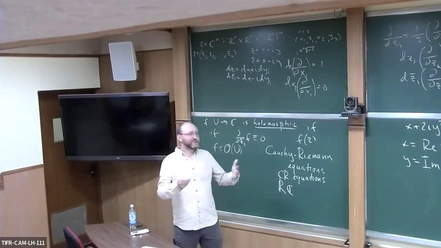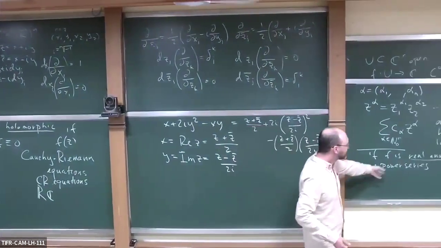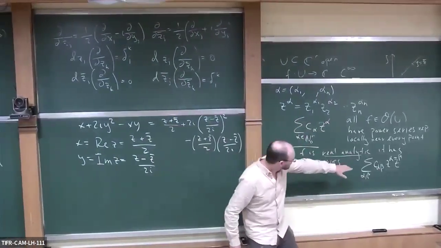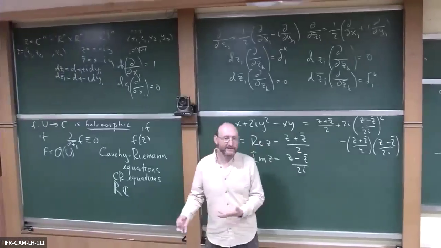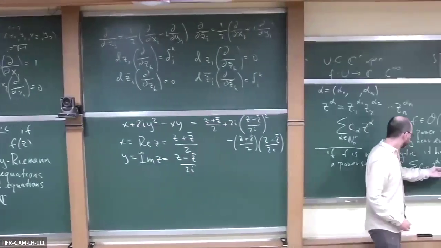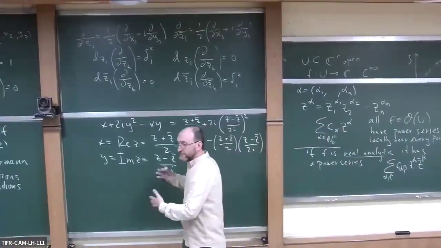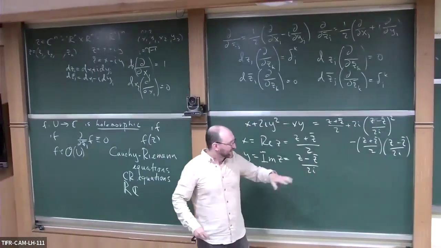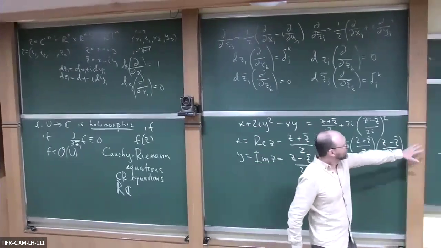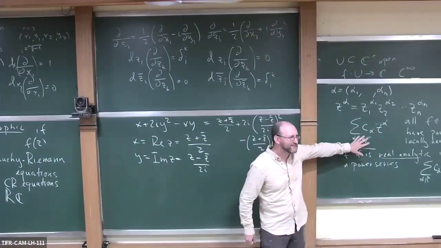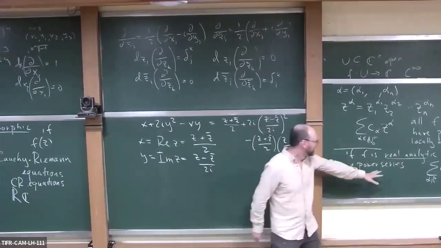But if you somehow know where things converge, and it's supposed to have a convergent power series representation near every point, then I can plug in Z and Z bar. They really could be independent, right? I could plug in a different Z bar than Z. So I could plug in some zeta. Think of it as a function of Z and zeta. And by the way, maybe I forgot to mention, I'm doing all of this at the origin, of course, because I'm lazy to write down Z minus A, and it would be even worse here.